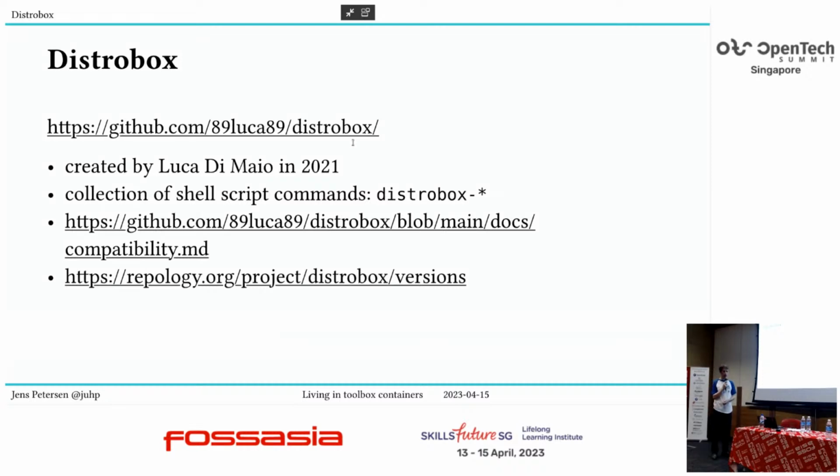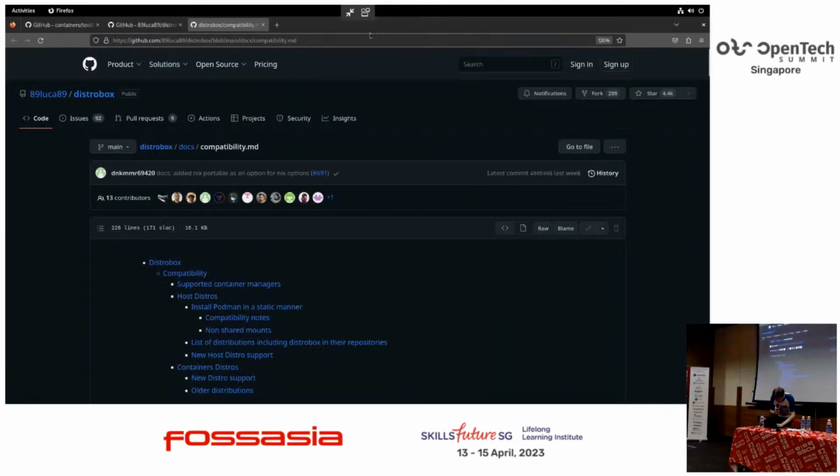So it takes a bit of a different approach. Like I said, it doesn't need custom images. It supports quite a wide range of distros, probably more than Toolbox does. We can see this file here.